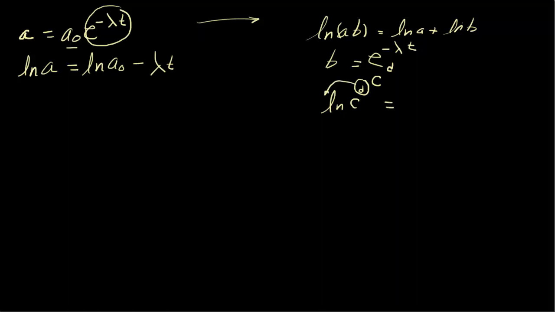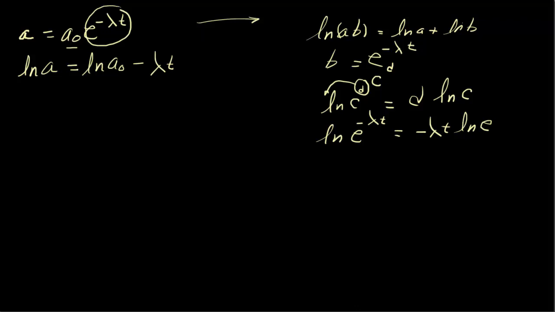This would be equal to d times the natural log of c. Well, c in this case is equal to e, the base e. So lambda t is our d. What we're saying here is that we have e to the minus lambda t. We bring the exponent down, and we have minus lambda t times the natural log of e.